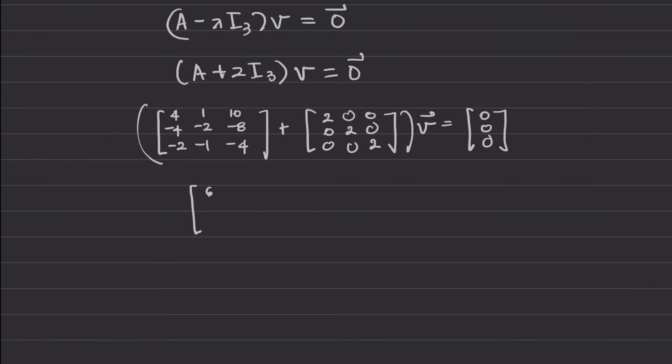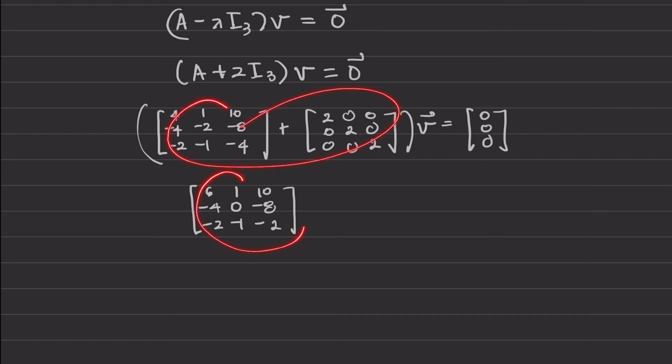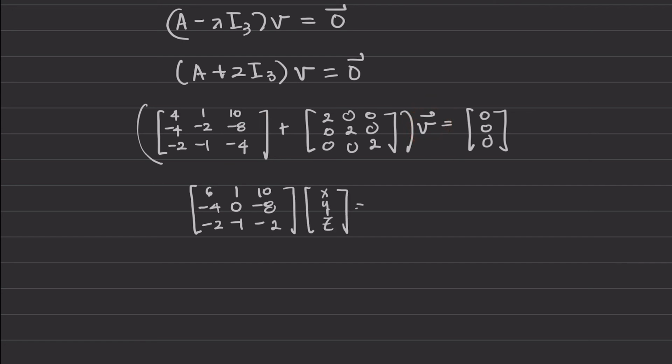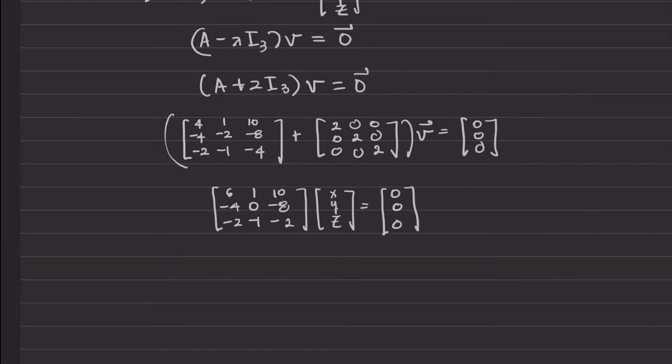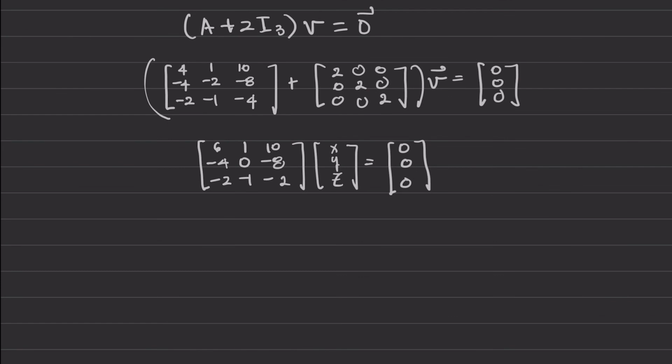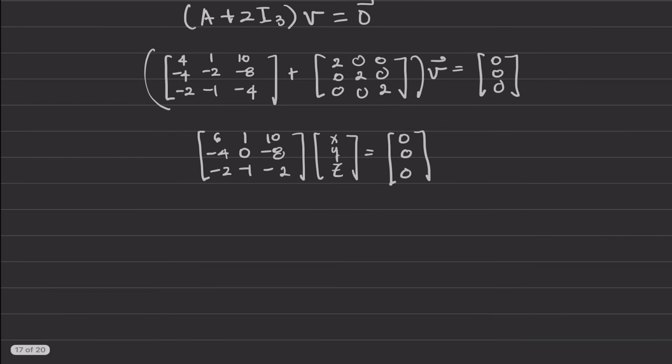So, 6, 0, negative 2, and then copy the rest. 10, negative 8. So, this is this. Tapos times yung v mo, which is xyz. 0, 0, 0 na. Okay, so check lang natin kung tama yung pagkaka-add natin. Kasi kapag namali tayo ng add, mamamali yung gagawin natin lahat.